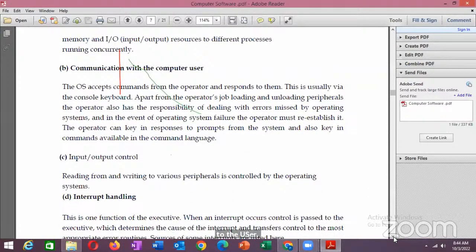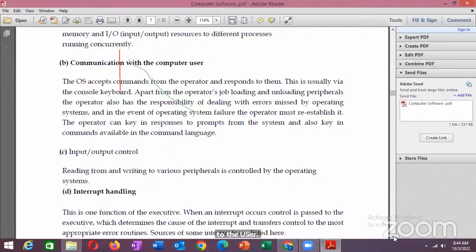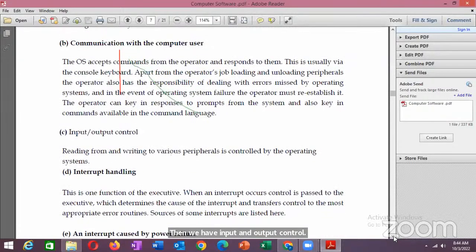Then we have input and output control. Reading from and writing to various peripherals is controlled by the operating system. So for example, if you are typing and you want to see it on the screen, you are typing a number on your phone, that's my number. If you are typing that, you will see it on the screen.